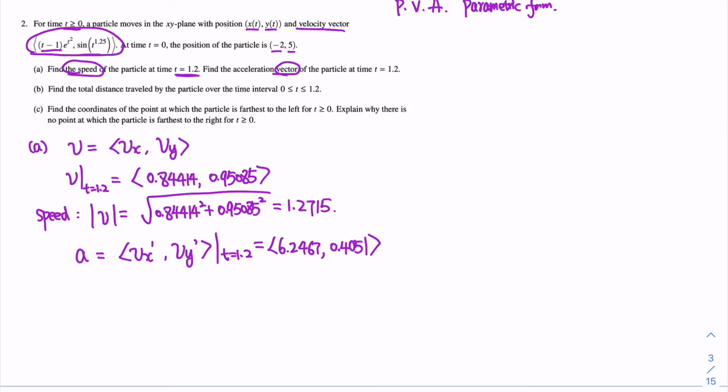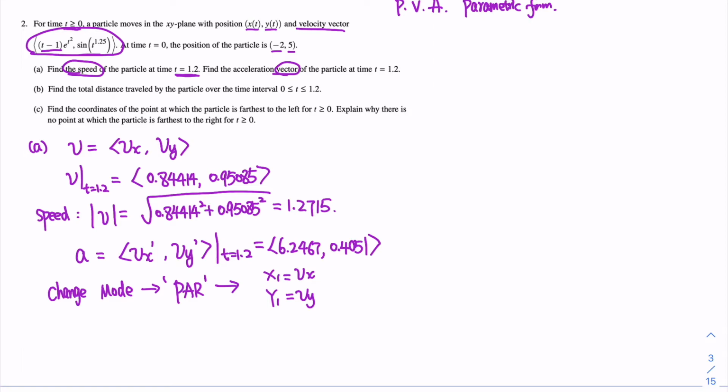You can use your graphing calculator. Change the graphing calculator mode to parametric equation, PAR. And then you can put x1, y1 using your Vx and Vy. And then you can plug in 1.2 directly. The calculator will do it for you, so you don't have to take any derivatives.